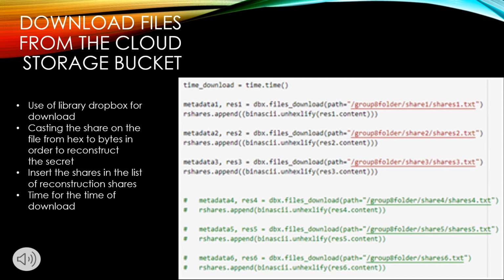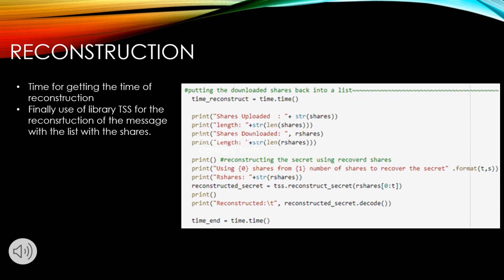So we will append this unhexlified content to the list rshares, which is the list that we're going to use to reconstruct the message. We do this with each share, and we will be able to reconstruct the message. When talking about the reconstruction of the message, we will also have to calculate the time of reconstruction. We will use the variable time of reconstruction in order to calculate this time.